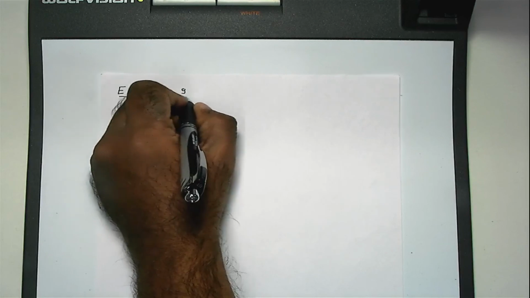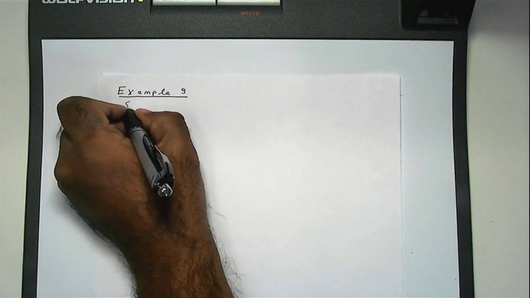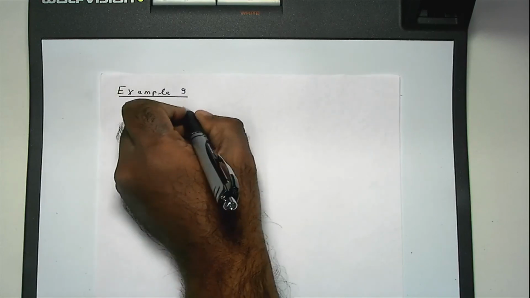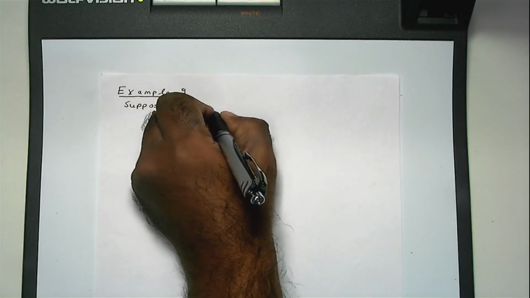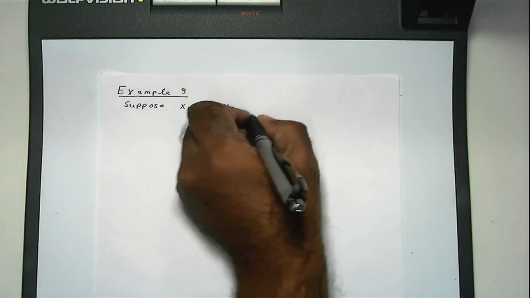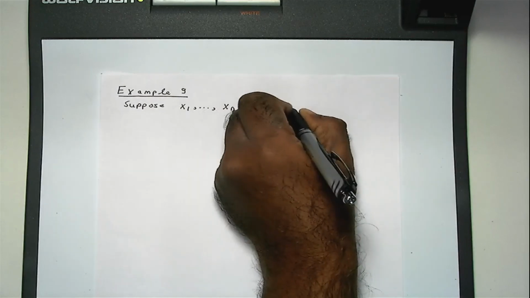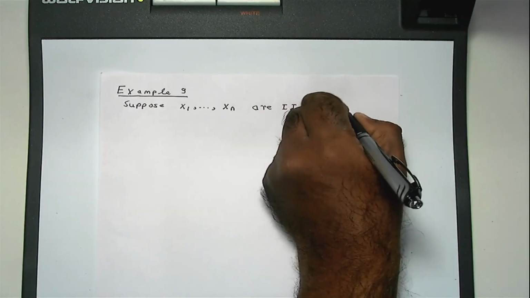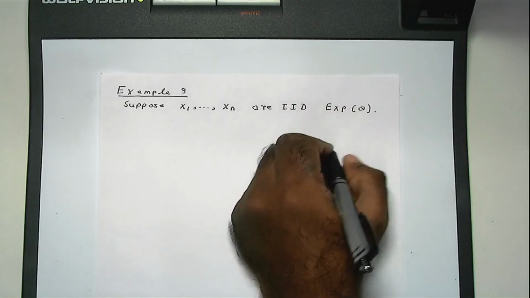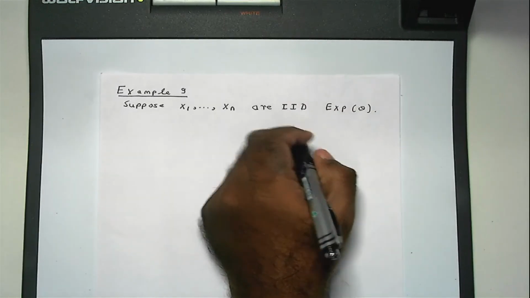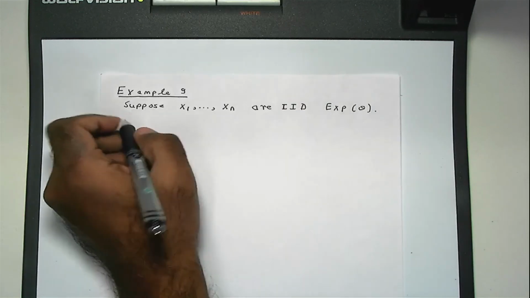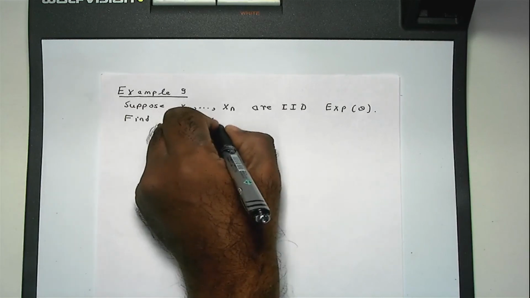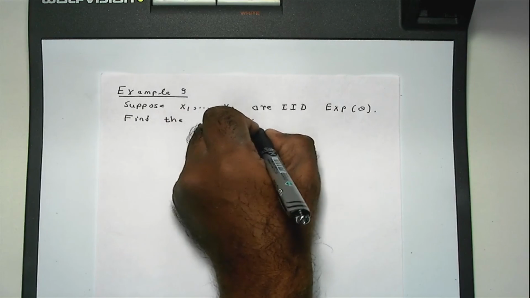Right, so suppose we have a random sample from an exponential distribution with parameter theta, and find the MLE of the probability that x is less than 1.